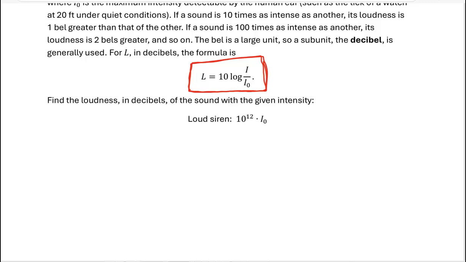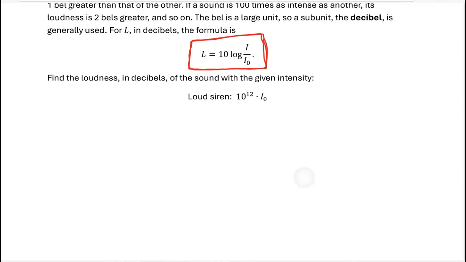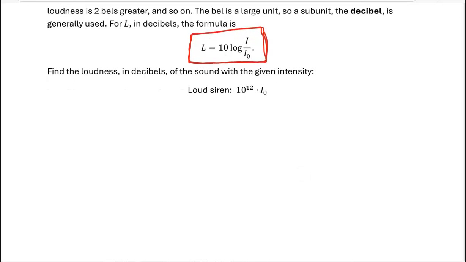Like how many times more intense it is than this I sub 0. So we're saying the intensity of a zero level, not necessarily 0 decibels, but this baseline level intensity sound. So for example, you're given several to calculate based on this, but most of this you can use your calculator for. But let me show you how you're going to set this up to calculate it.